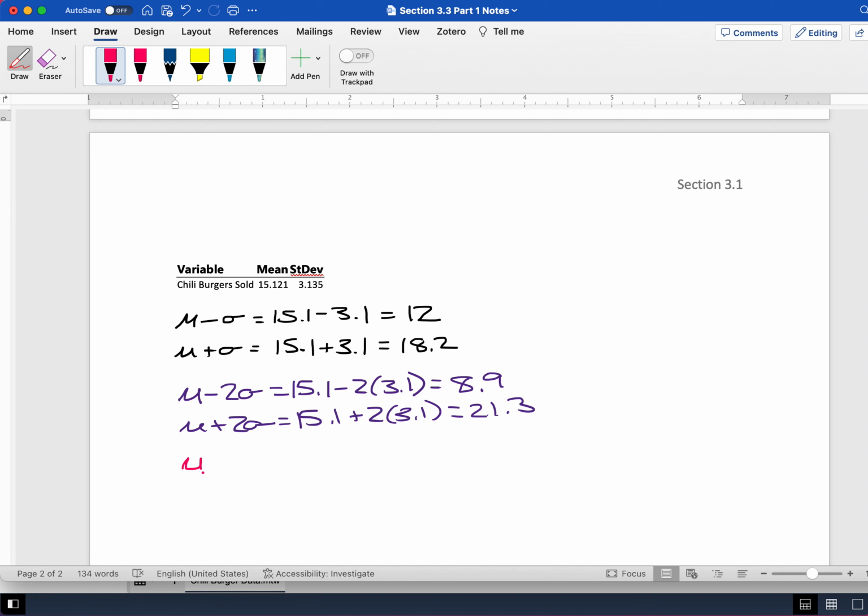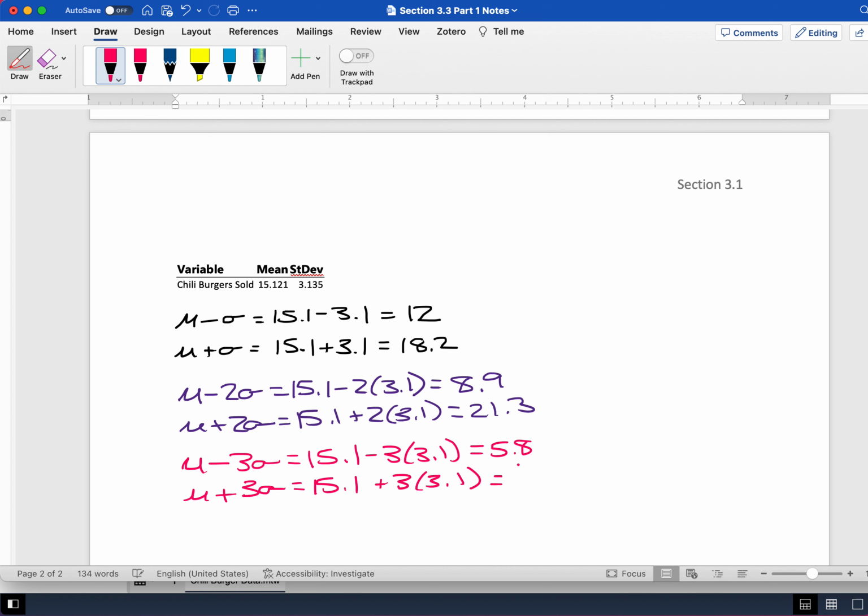I need mean minus 3 sigma, so 15.1 minus 3 times 3.1, and that is 5.8. And mean mu plus 3 sigma is 15.1 plus 3 times 3.1.